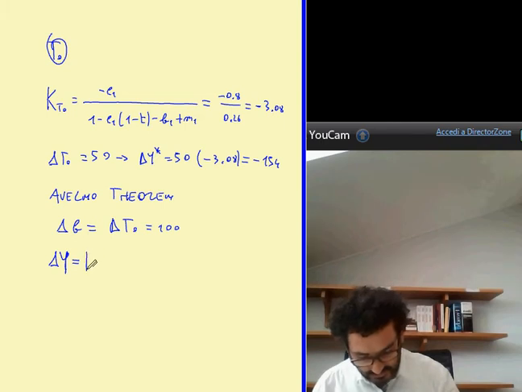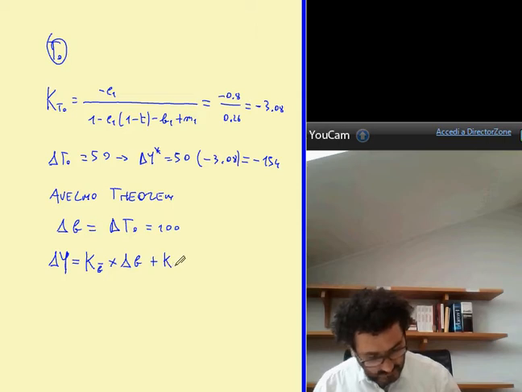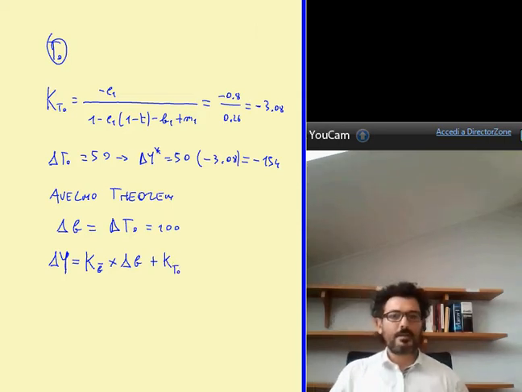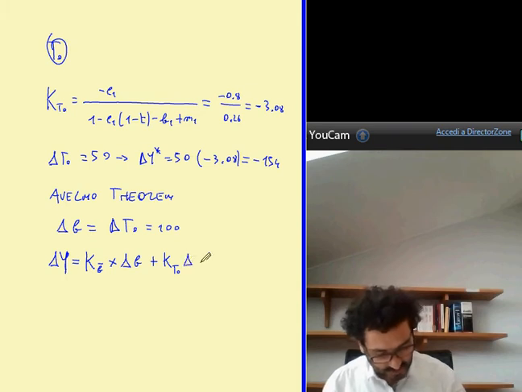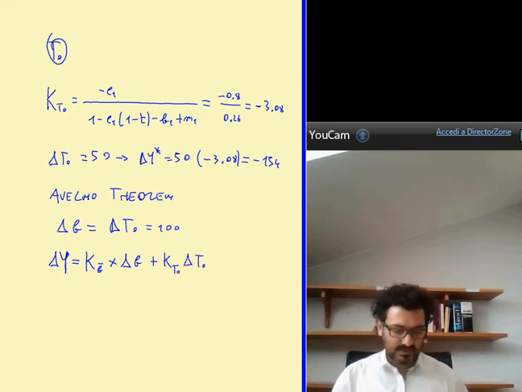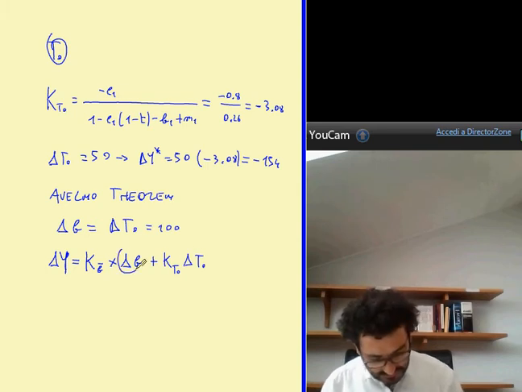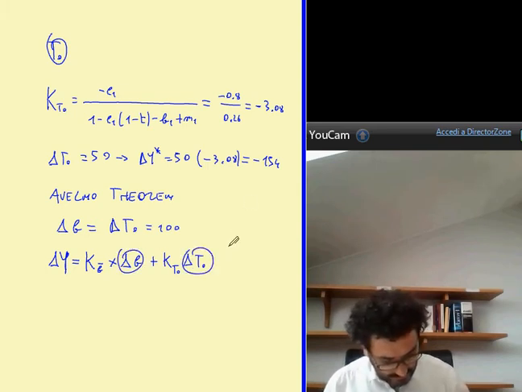So we need to consider the multiplier of government expenditure multiplied by the change in government expenditure plus the multiplier of the lump sum tax, which multiplies the change in the lump sum tax. But because these two are equal to 100, finally you will get 100, which multiplies the sum of the two multipliers: the multiplier of government expenditure plus the multiplier of T0.